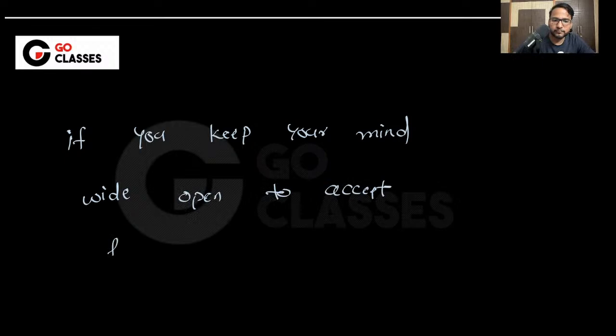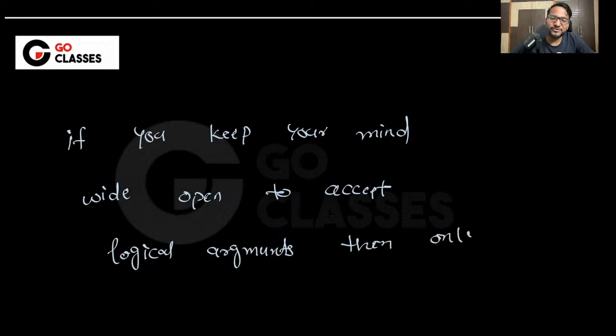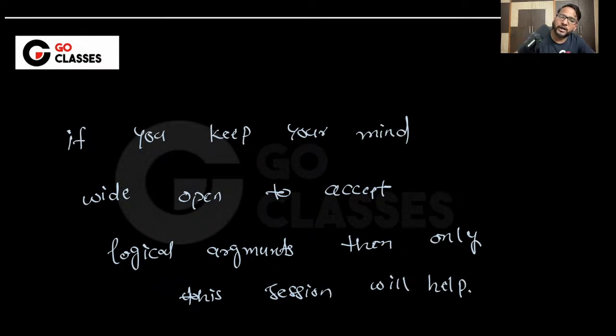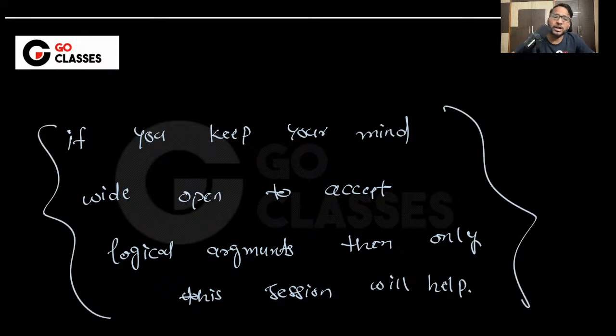If you keep your mind open to logical arguments, then only will this session help. Otherwise, if you keep on thinking that FCFS does not have starvation, or FCFS has starvation, whatever you're thinking, then what is the point in listening to me, right?